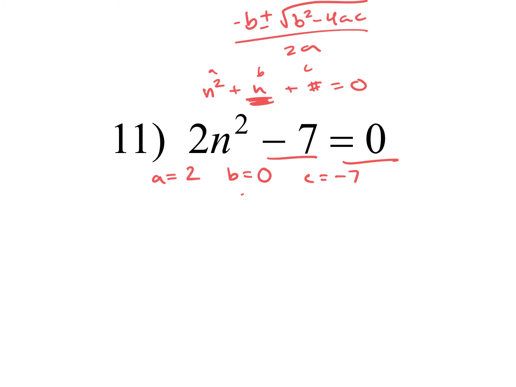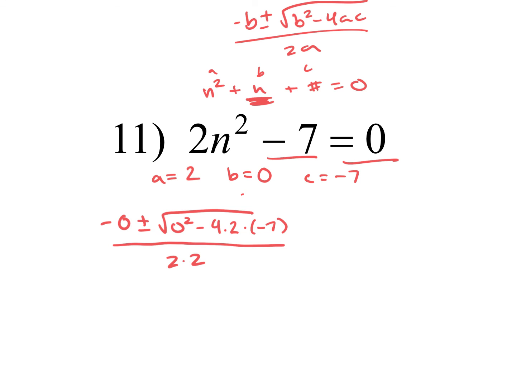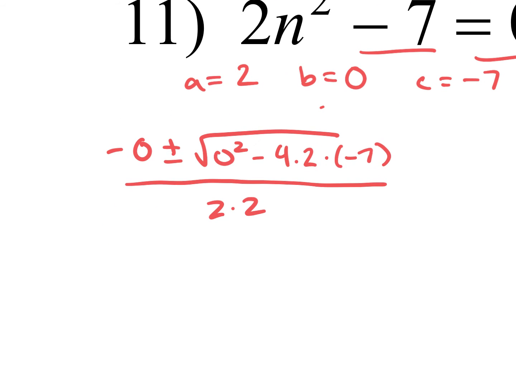All right, so let's plug it in. So we have -0 plus or minus the square root of 0 squared minus 4 times 2 times -7 over 2 times 2. So -0, do I need that -0 there? Nope, because it's 0, so I can just get rid of it.